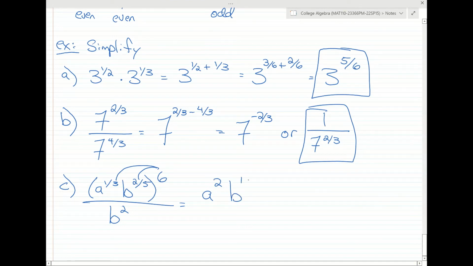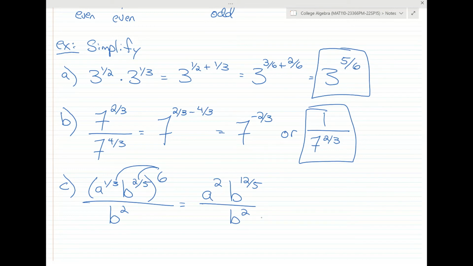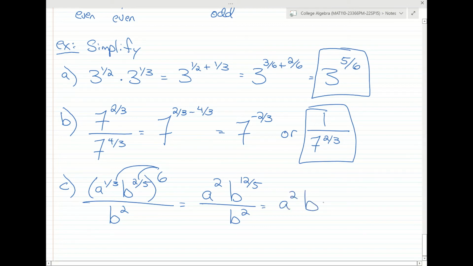B to the 12/5, all divided by b to the 2nd. And then you subtract the powers of b. This would just be a to the 2nd, b to the 12/5 minus 10/5. A to the 2nd, b to the 2/5. Remember, if you're dividing bases, you subtract the powers.